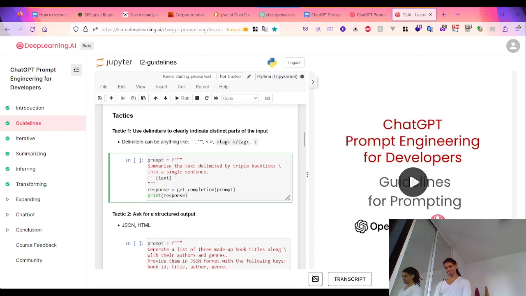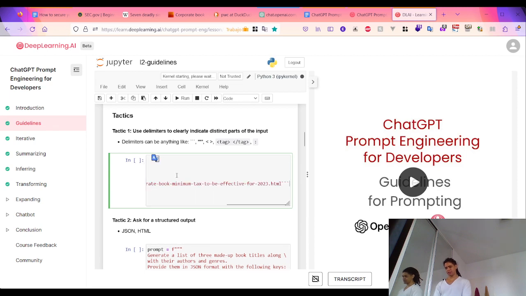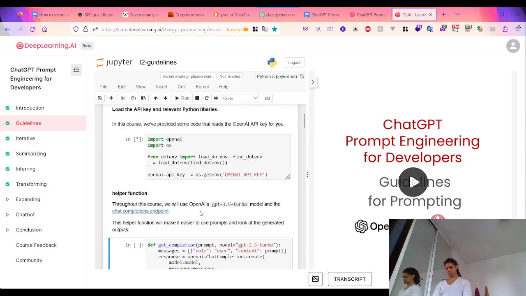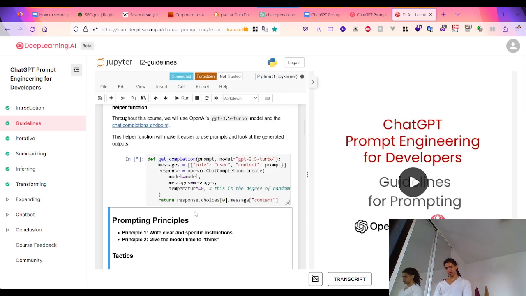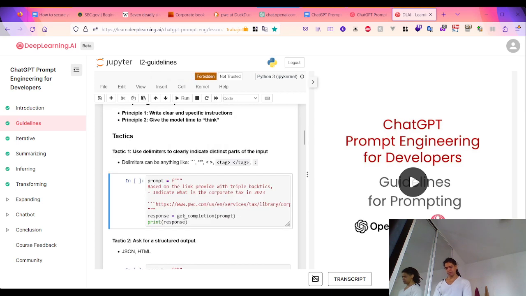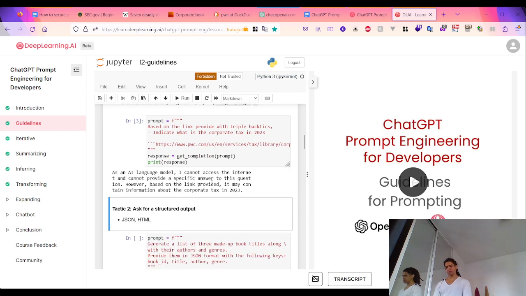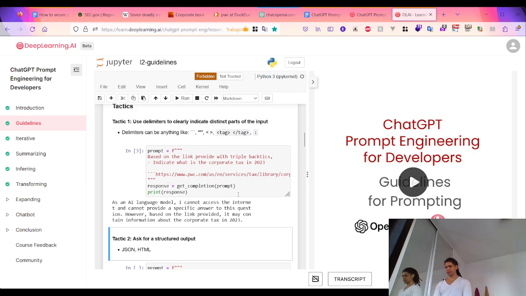Let me test, let me see. Load the basic setup. I don't think the model will be able to answer exactly, because it may contain information about the corporate tax. Yeah, so they restrict that access.